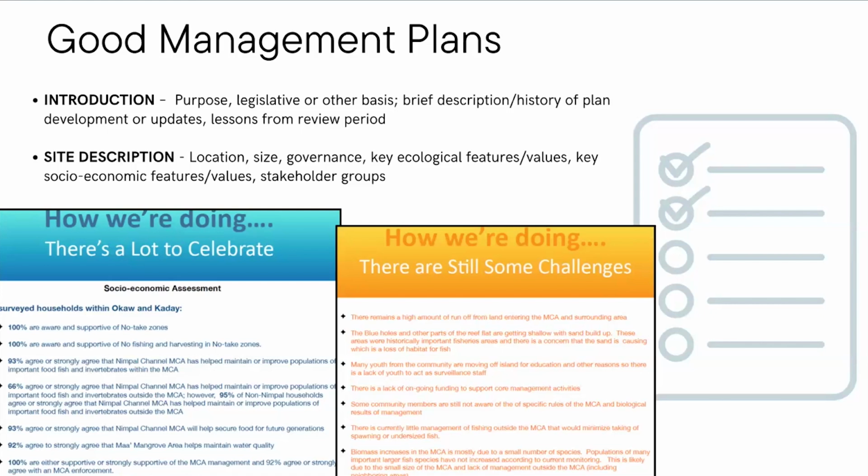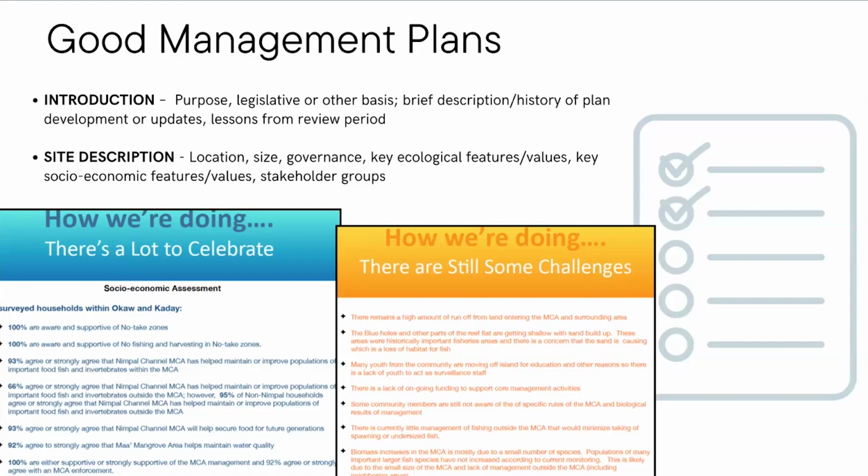Things happen over time. So when you're able to pull all that information together and show this is what's already been done, and this is what we can celebrate, this is what we've been successful at, and then also show this is where we still have gaps or where we have challenges, it's a really nice way to communicate what's happening at the site. And I think it can really be appreciated by stakeholders.